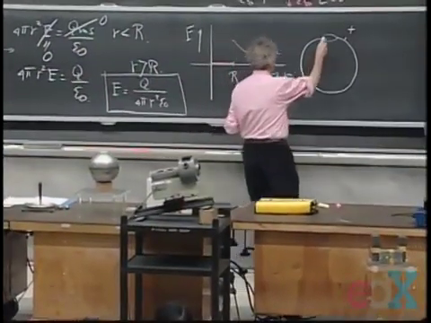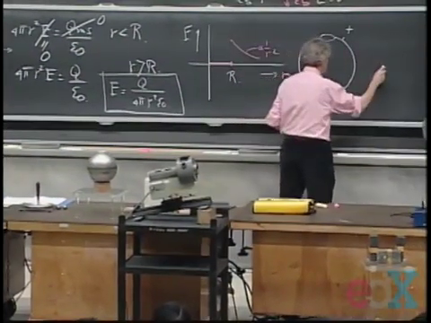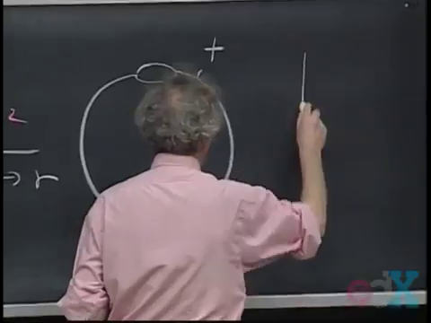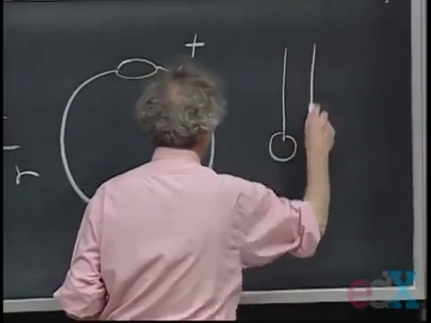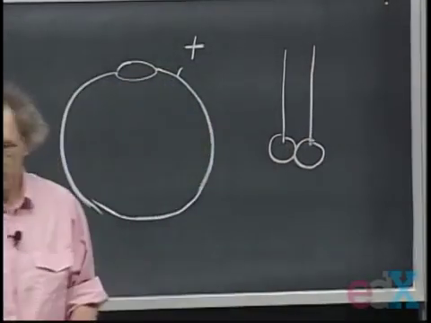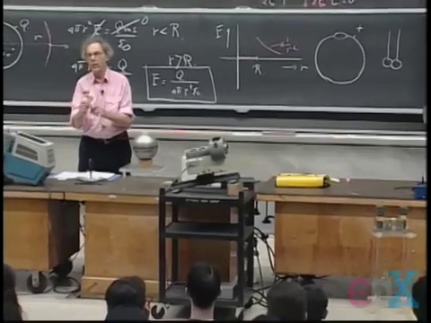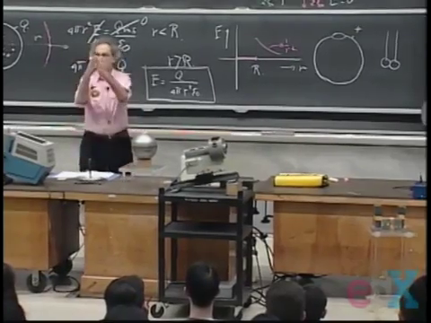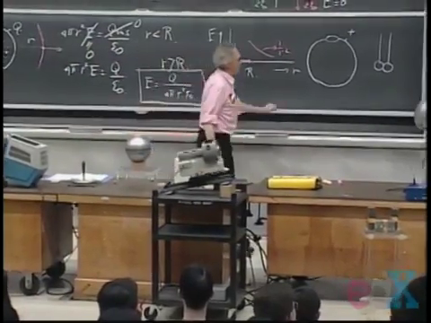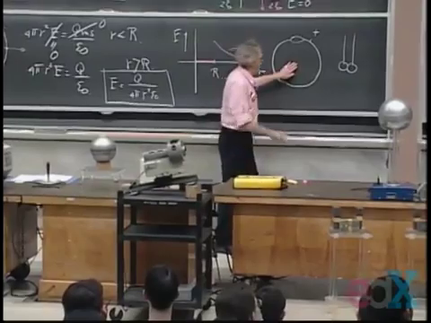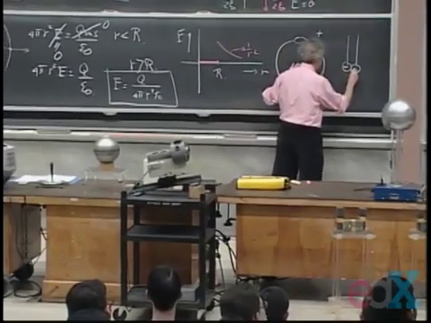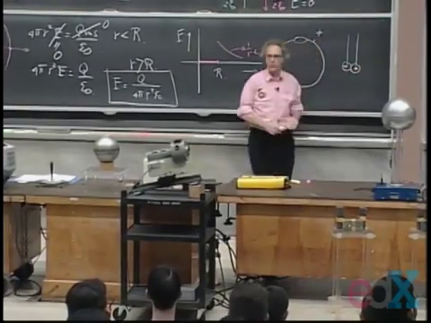And now, to demonstrate to you that there is an electric field here, I will use induction. I have 2 ping pong balls painted with conducting paint. They touch each other. Under the influence of this electric field, this one will become negative and this one will become positive. We've discussed that last time.